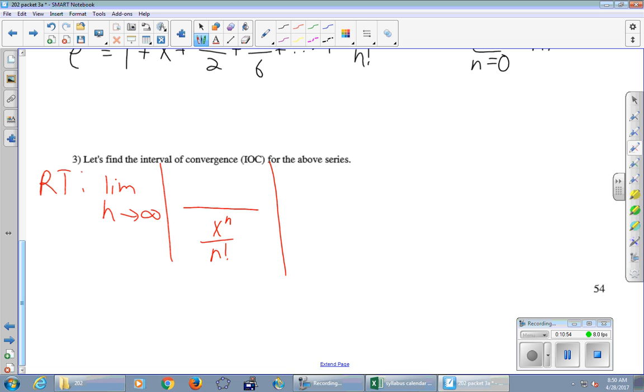And then upstairs we just have the next term, right? The n plus 1, replacing all those n's. So it's x to the n plus 1 over n plus 1 factorial. Limit, n goes to infinity, absolute value. What's our standard technique for cleaning up this fraction in a fraction? Multiply by the reciprocal. Good.